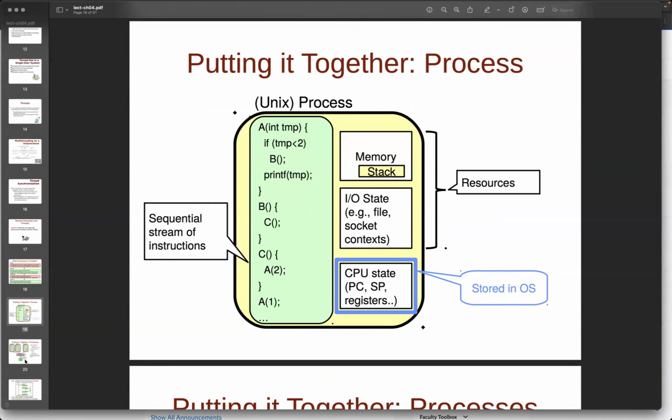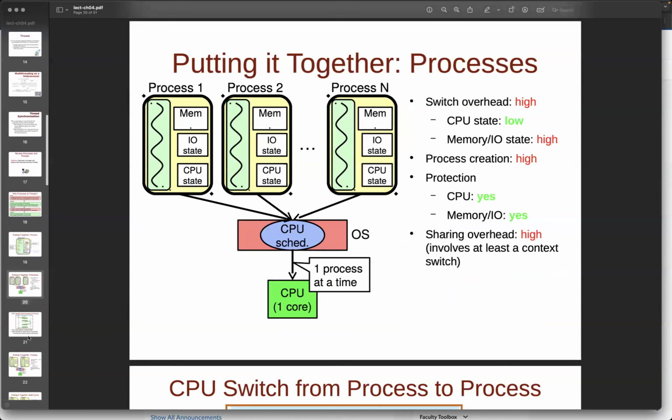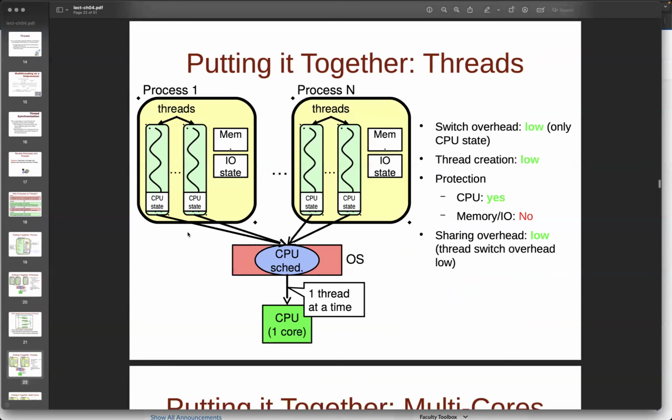When you look at the threads here, each one has its own CPU state, while the memory and IO state are the same. From P1 to Pn, all of them are the same. We send them to the CPU scheduling, and the OS handles it, and it's the same. The base hardware is always the same.